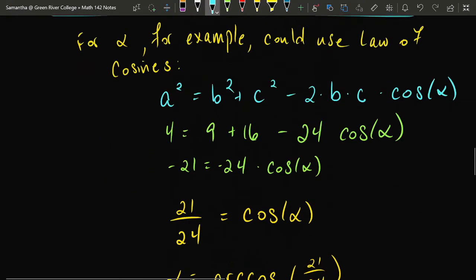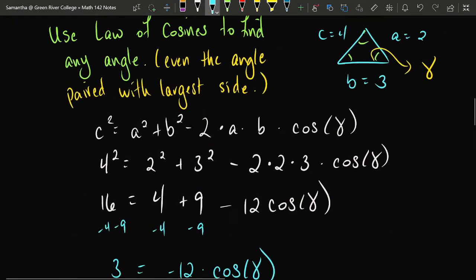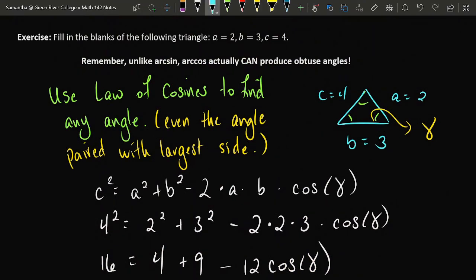The first thing that I'm going to note is that alpha is paired with the side a equals 2, and a equals 2 is definitely not the largest side in this triangle. And therefore we can be assured that alpha is not obtuse.